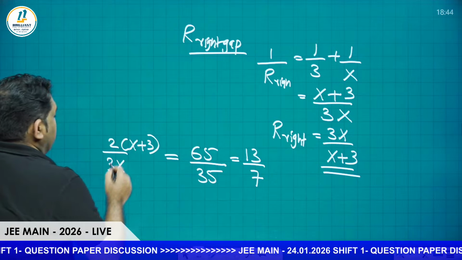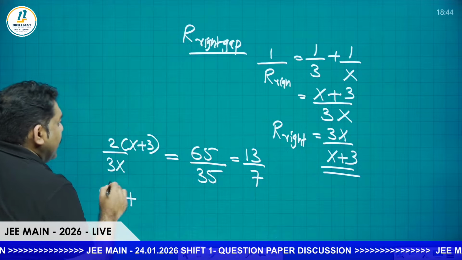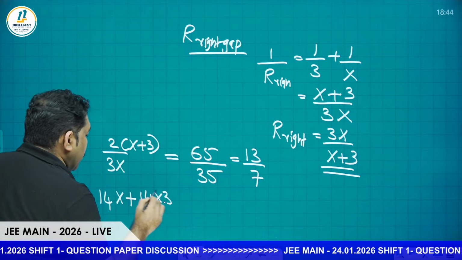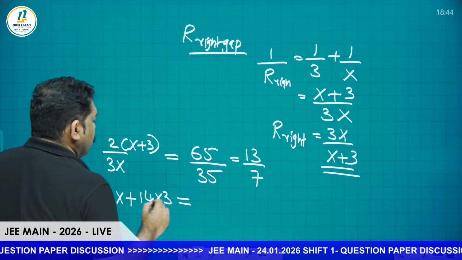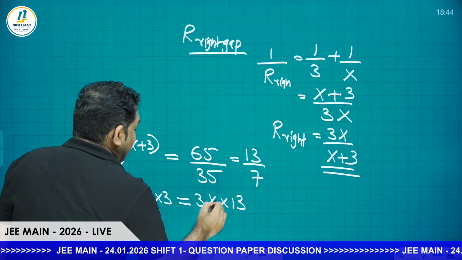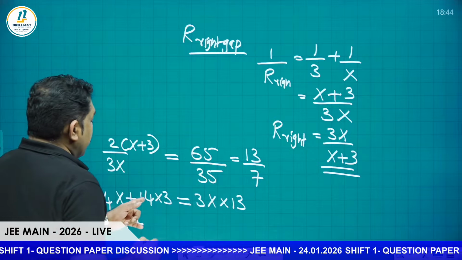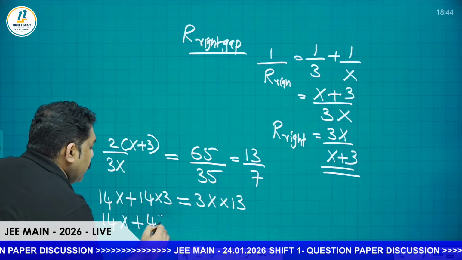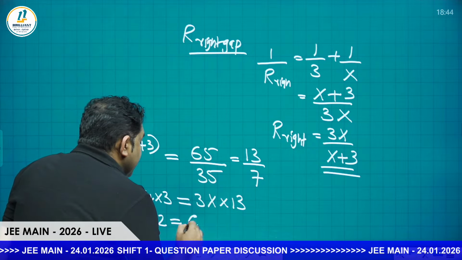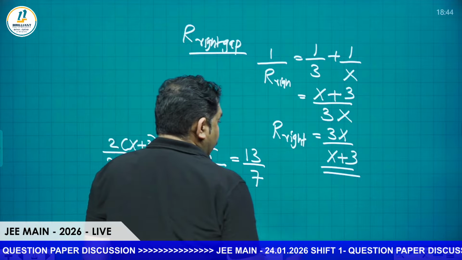Now cross multiplication: 7 into 2, so 14x plus 7 into 2 into 3, that is 14 into 3, is equal to 3x into 13. So 14x plus 14 into 3, that is 42, is equal to 3 into 13x, that is 39x. Now we can calculate the x value from this.